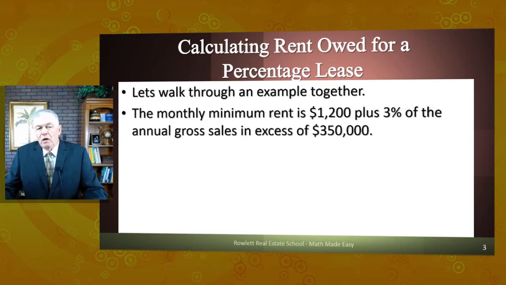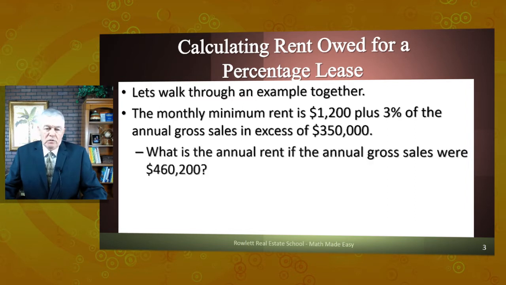The monthly minimum rent of $1,200 a month plus 3% of the annual gross sales in excess of $350,000. What is the annual rent if the annual gross sales were $460,200? All right, here we go.